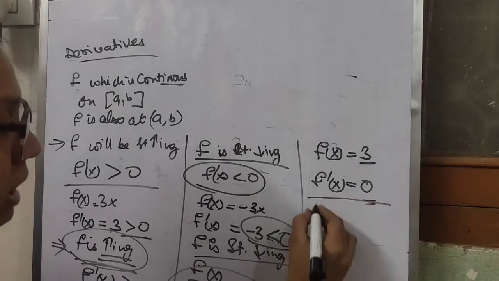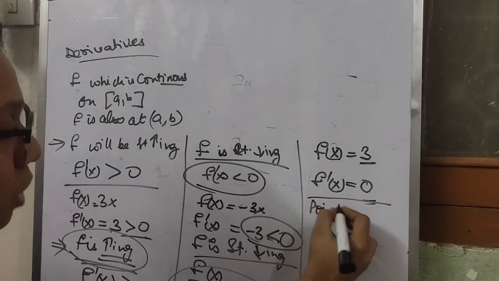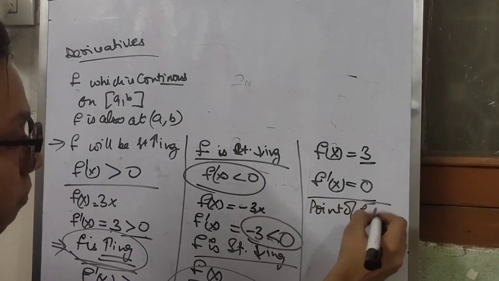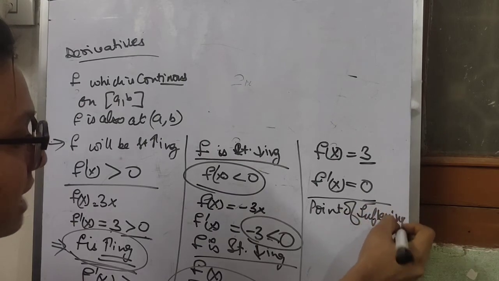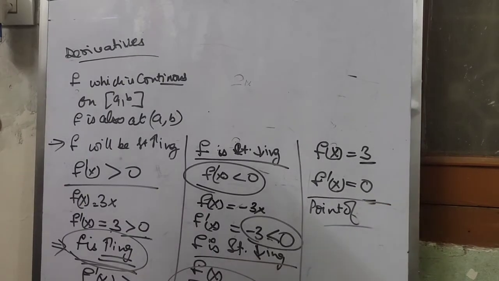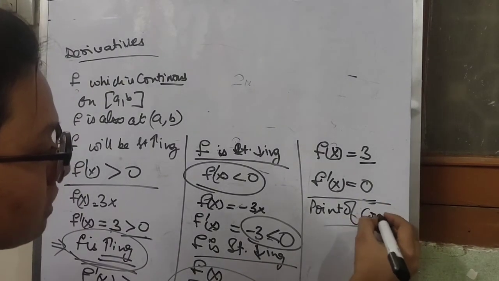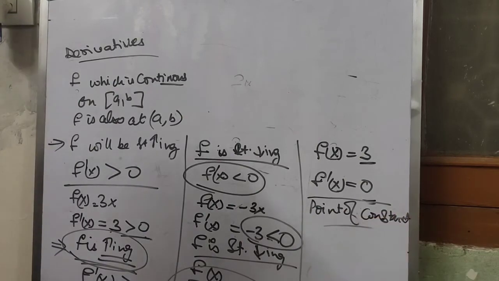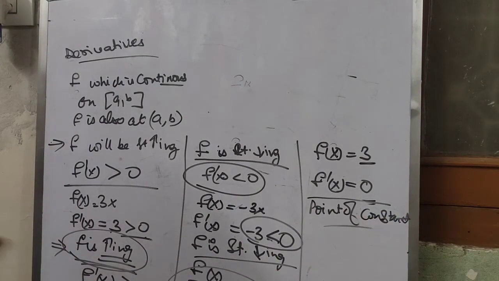So this will be my point of inflection. I'll say that this is the point where I am not having any greater than value or less than value, or basically I'll not say it as inflection, I'll say point of constant. My function is constant at this point of time.